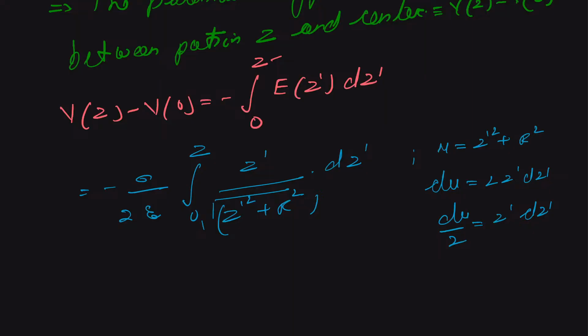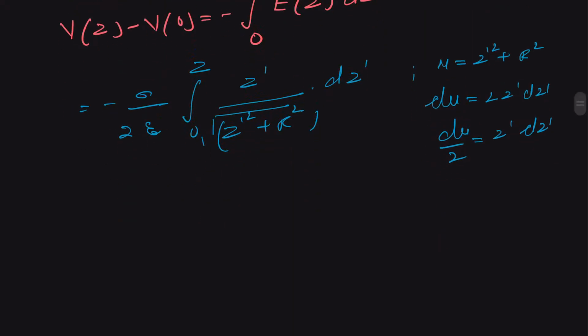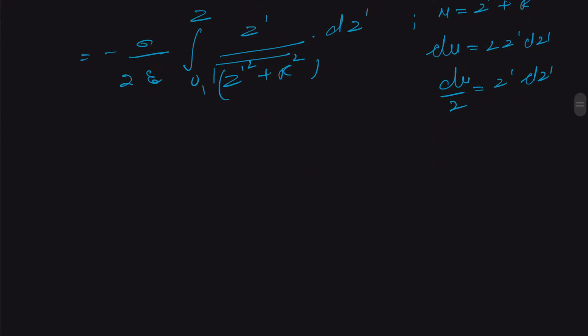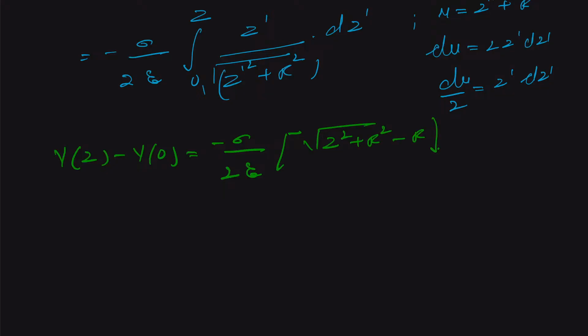So we can just write that our Vz minus V naught will be sigma upon 2 epsilon naught, and we get from here the square root of z square plus r square, minus r.